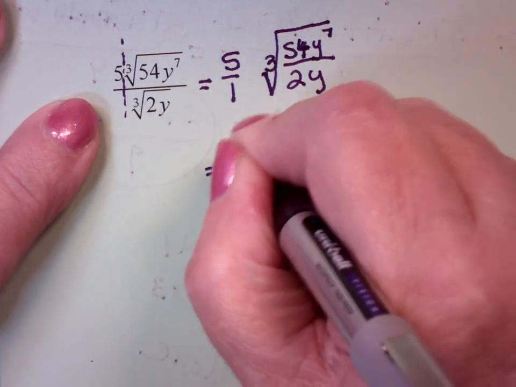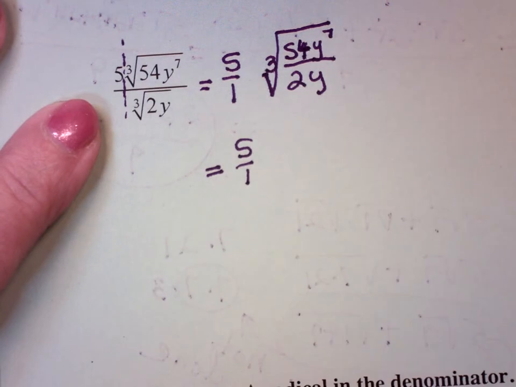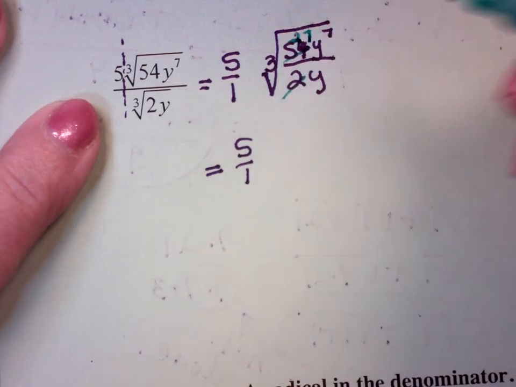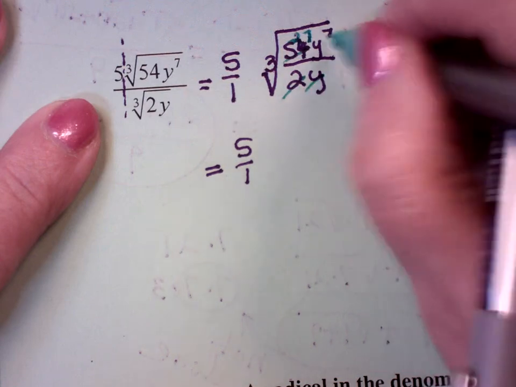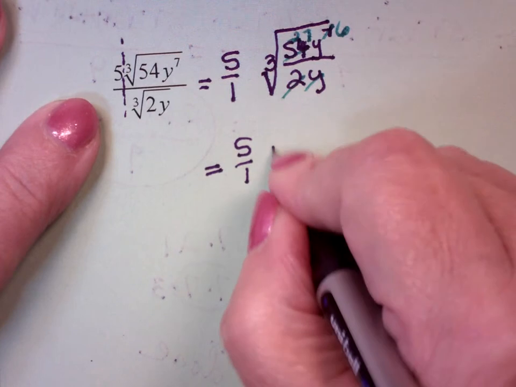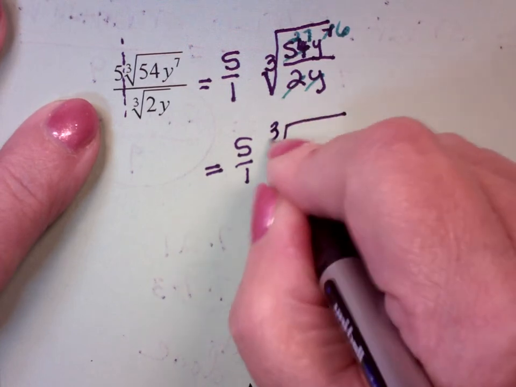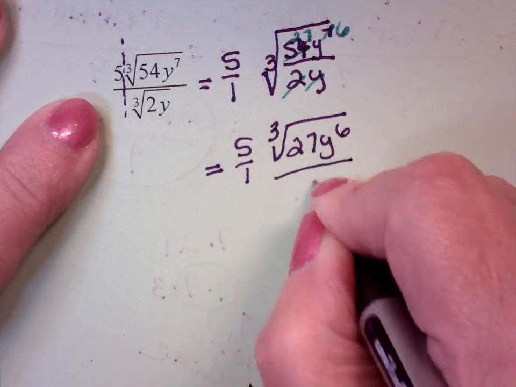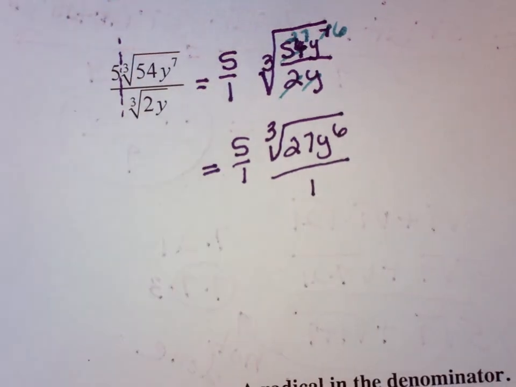So this is a 5 over 1. Now 2 divides 54 27 times, and y takes out one of those 7 y's, leaving me with a y to the 6th. So I'm just left with the cube root of 27 y to the 6th. That's also over 1 because the denominator is gone.